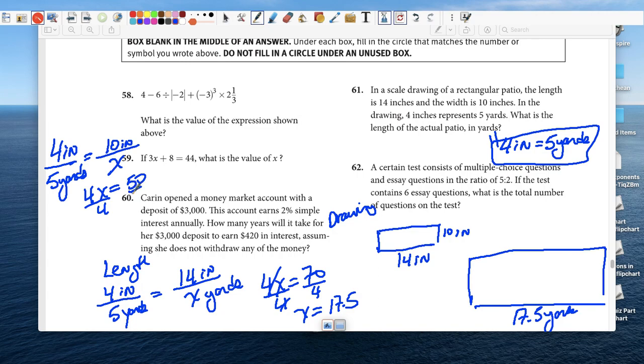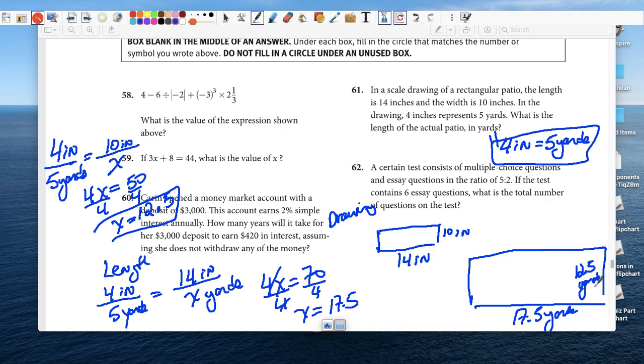Divide both sides by 4. And x equals 50 divided by 4, which is 12.5. Right? 12.5 plus 12.5 is 25, and another 12.5 and 12.5 is 25, so that gives us 50. So our width here is 12.5 yards.